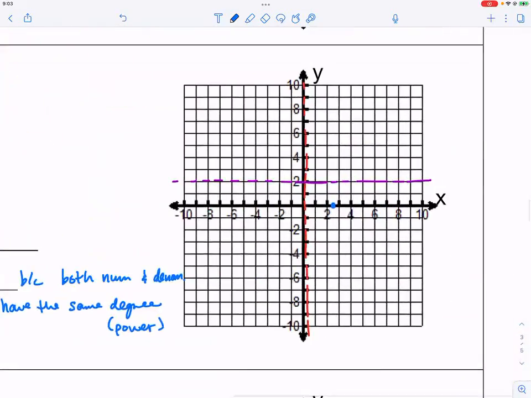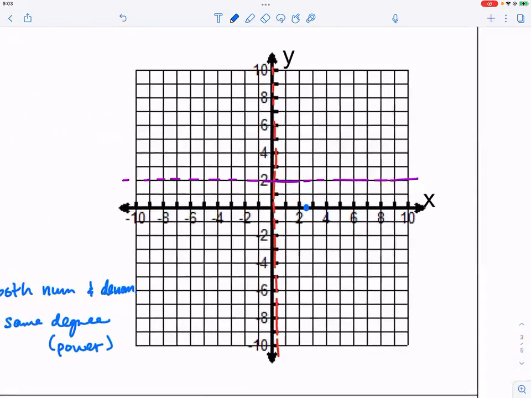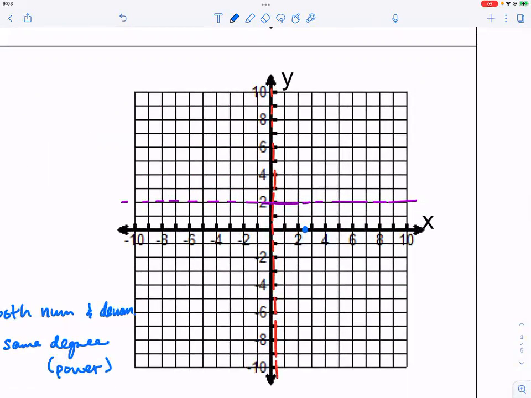Now let's see if you can figure out the logic. To the left of the vertical asymptote, now we have to think about this. Do we graph above the horizontal asymptote or below the horizontal asymptote, given that there is no x-intercept to the left-hand side of the vertical asymptote?